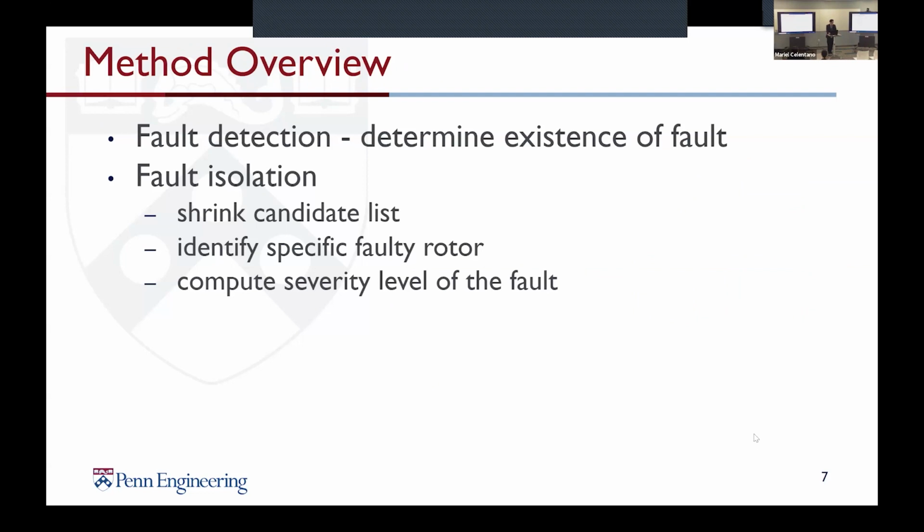It helps us identify the specific faulty rotor. Afterwards, once we know which rotor is faulty, we compute the severity level of the fault. When we say severity level, it means the magnitude of the fault. If the rotor loses 10% of its total thrust, it has a 10% severity level.